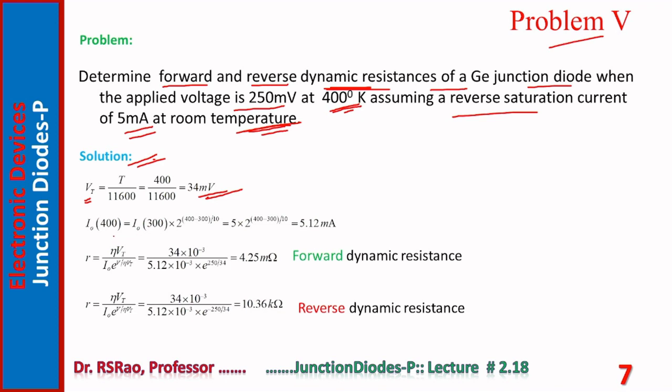Its mathematical form is I naught at 400 degrees equal to I naught at 300 degrees multiplied by 2 power (400 minus 300) by 10. It gives us reverse saturation current 5.12 milliamperes at 400 Kelvin.